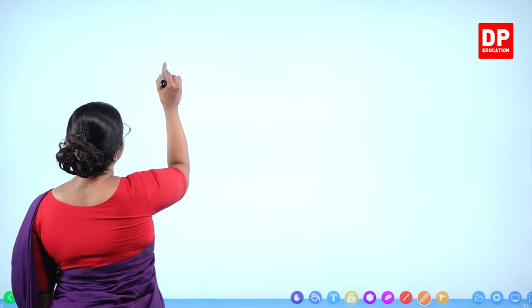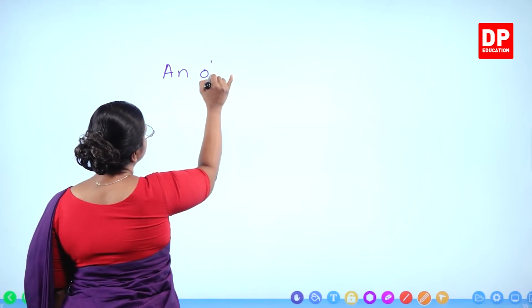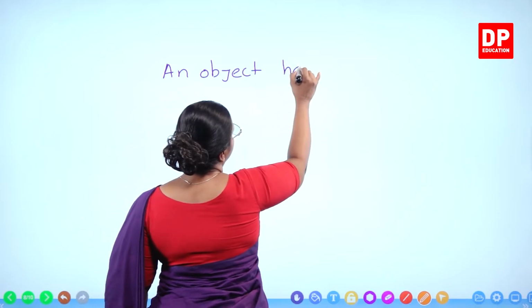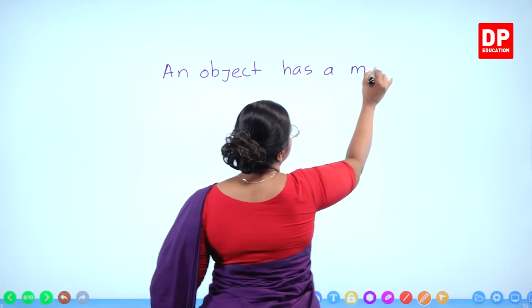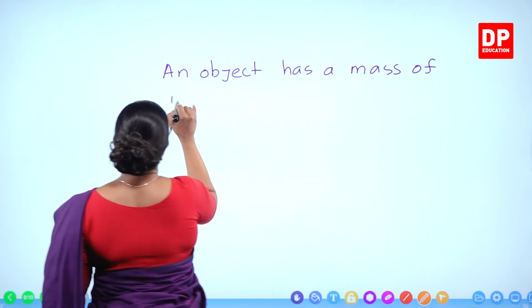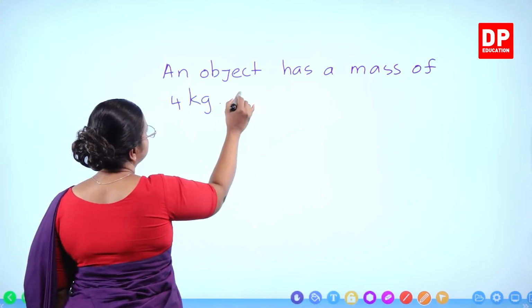I will give you all an example. Now let's say an object has a mass of 4 kilogram.